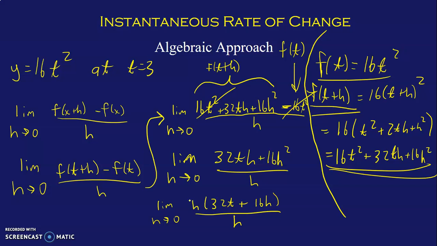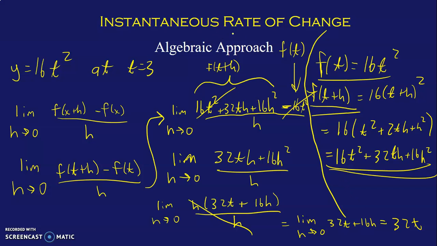And now I can cancel these out and make it the limit as h approaches 0 of 32t plus 16h. Now I can plug in h is 0. That part would go away, meaning it would just be 32t, because when I plug in 16 times 0, that goes away.